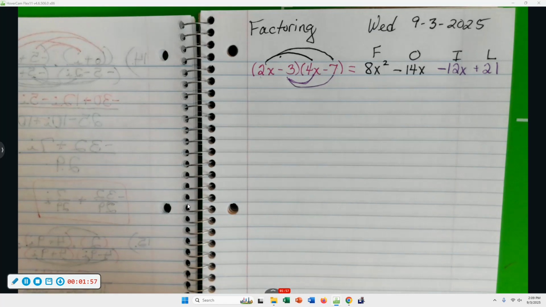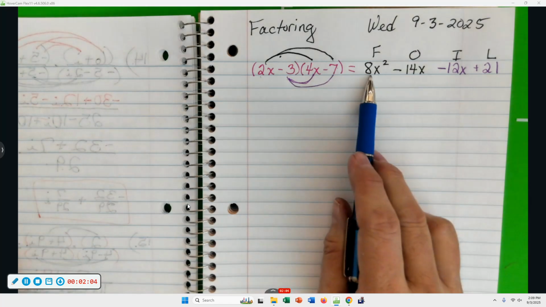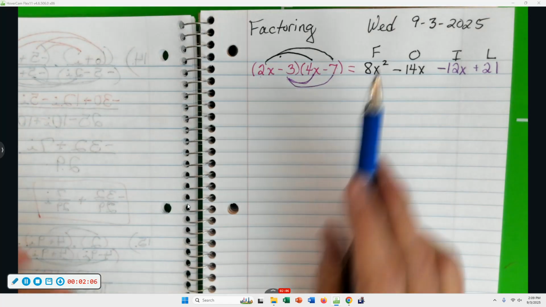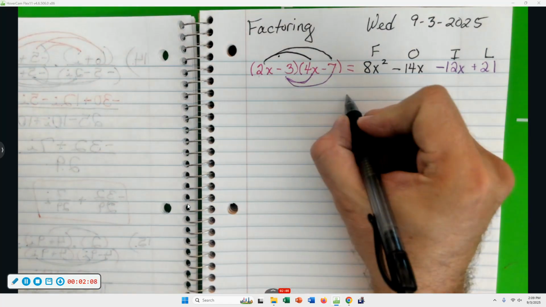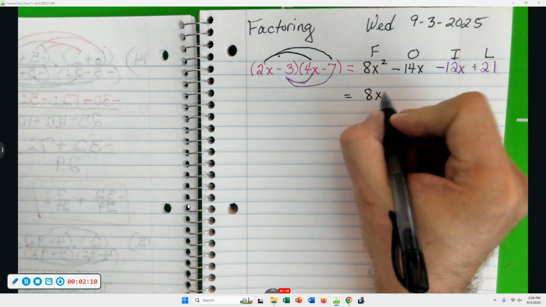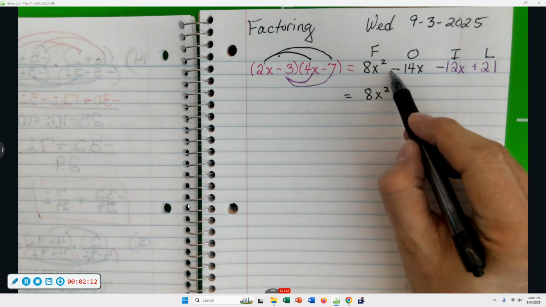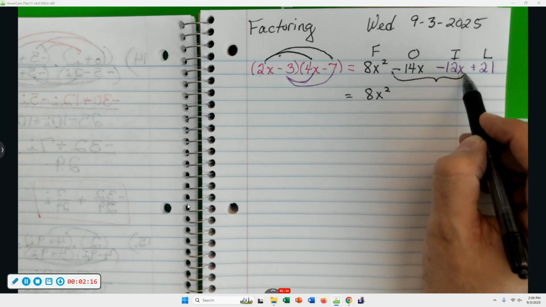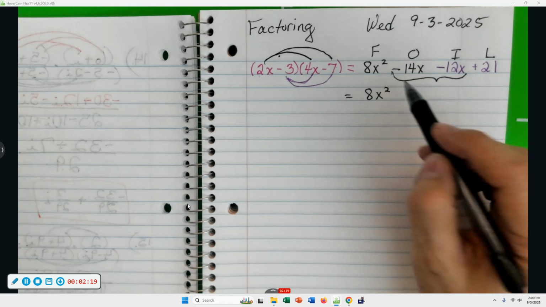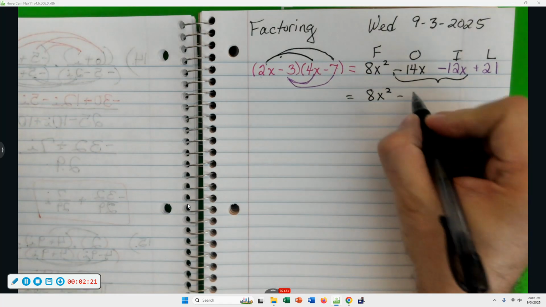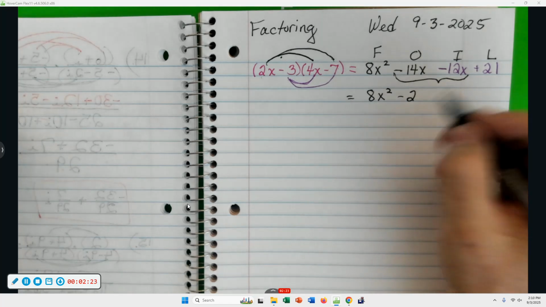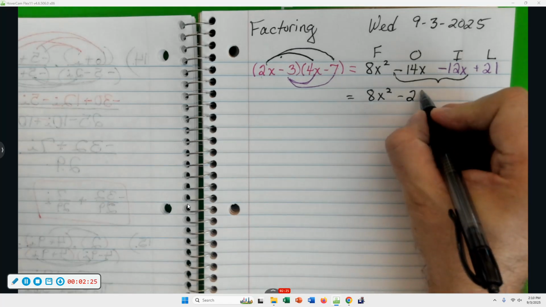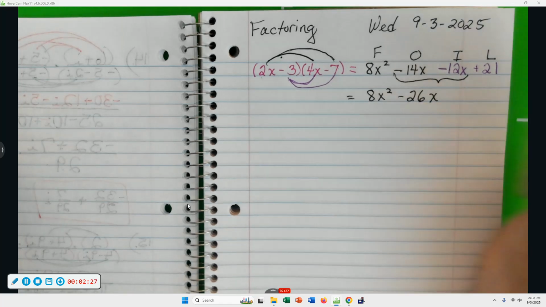Now we have some like terms we can combine here. What can I add together? Nothing to combine with the 8x squared, so 8x squared. But this outer and inner term, can I combine those? Negative 14 plus a negative 12 is negative 26x.